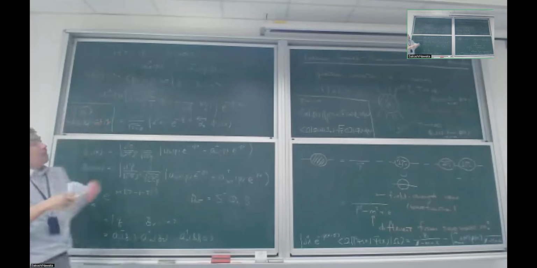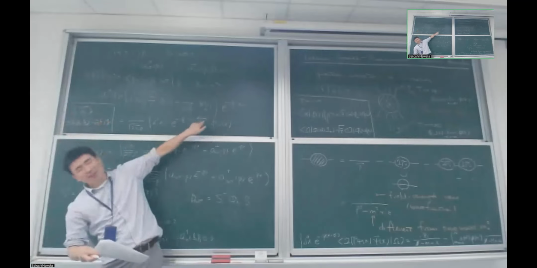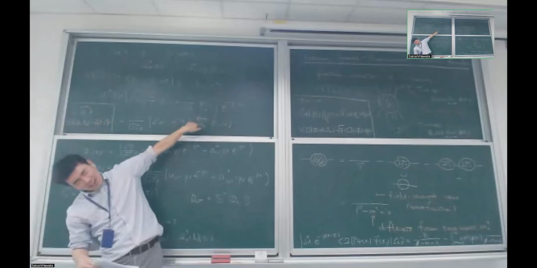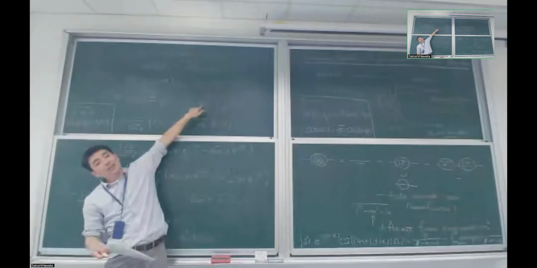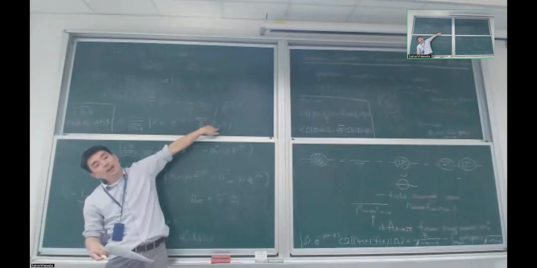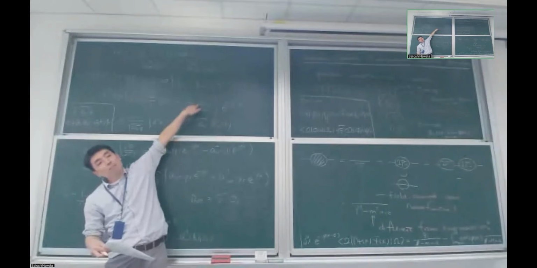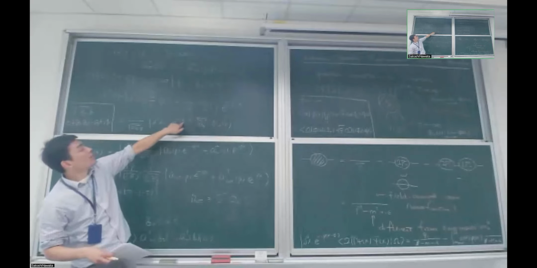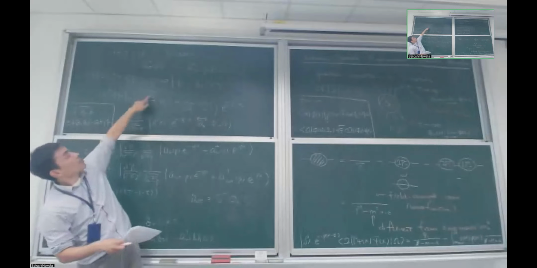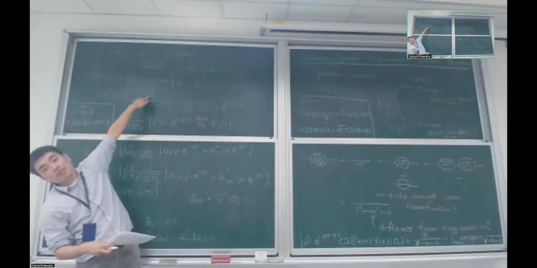So if del 0 acts on phi, you get a pi, right? That's the definition in free theory: the time derivative of phi is the momentum pi. And if this one acts on Q, that creates the upper E of P. That's what it means.